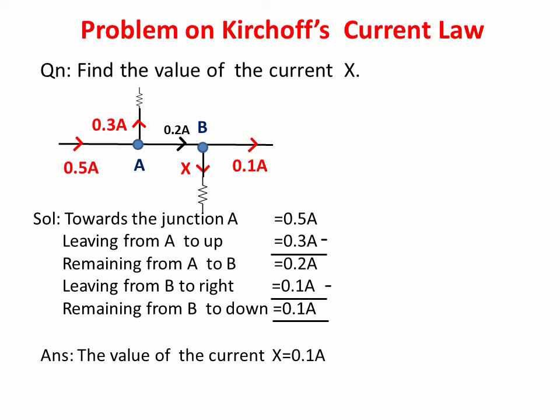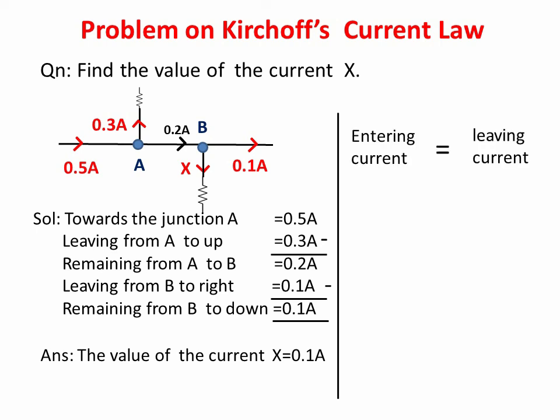This we derived logically, but mathematically you can write it very easily. What is the entering current? 0.5 ampere. Entering current is equal to leaving current, as we already discussed in Kirchoff's current law. Entry current is 0.5 ampere, which is equal to the leaving currents.